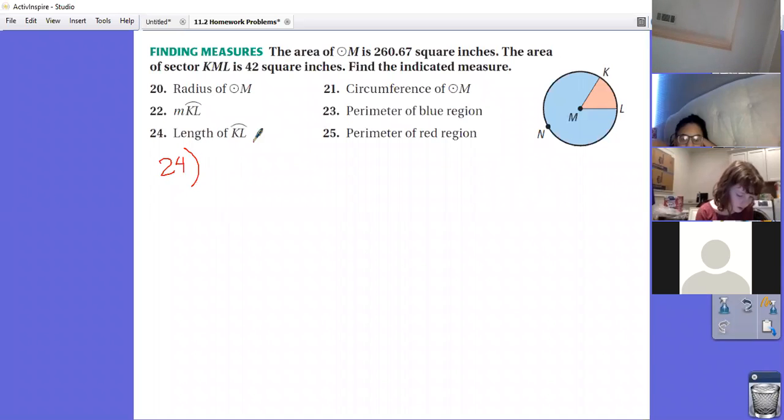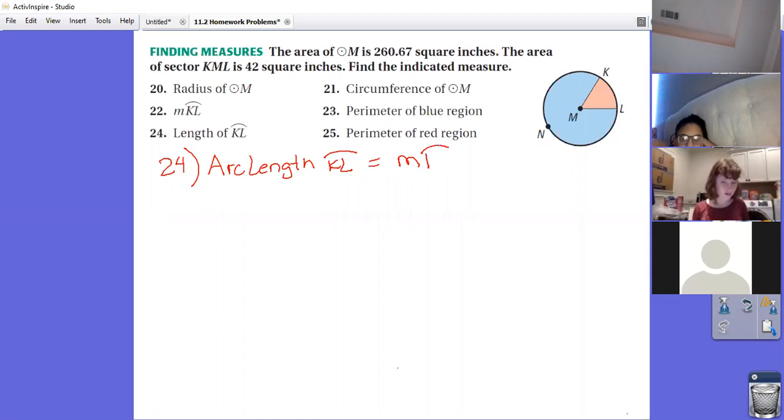So number 24, the length of KL. They're actually asking you for arc length of KL. So remember the formula is the measure of the arc divided by 360, and you can either divide by the circumference here or you can multiply it over here. Either way. So I'm going to use the formula. I found the measure of the arc back in number 22.